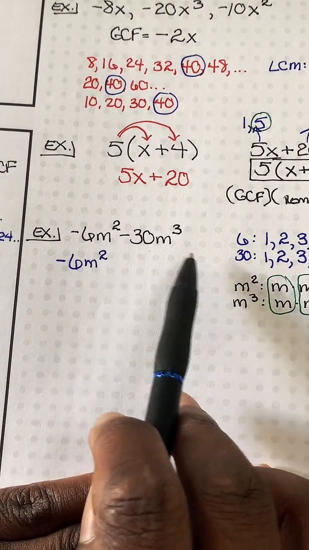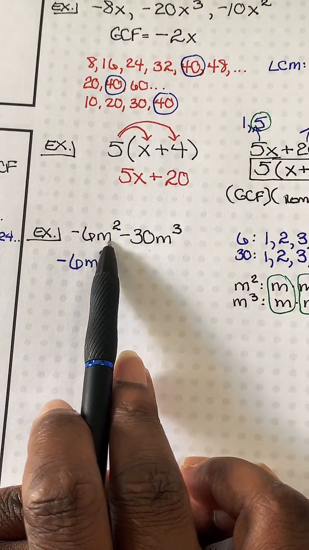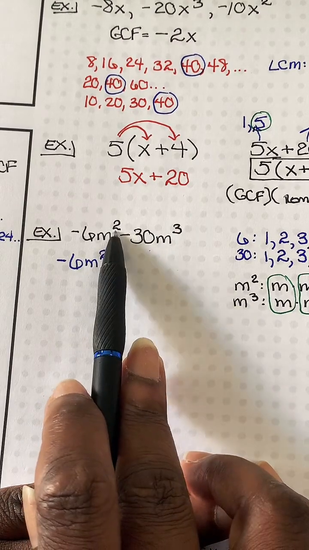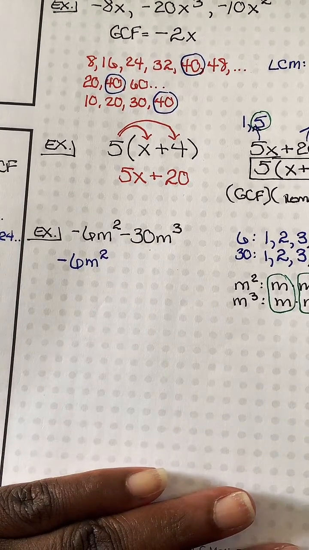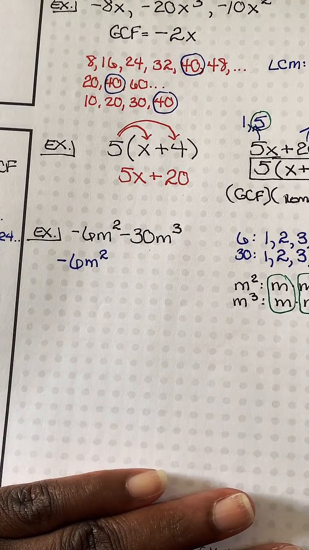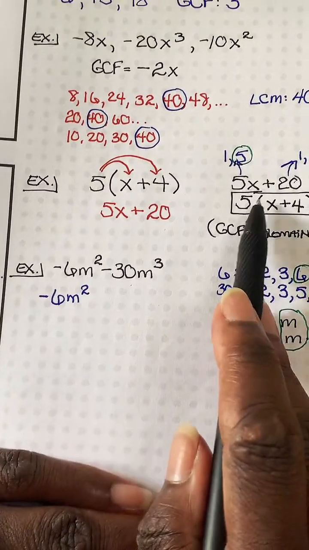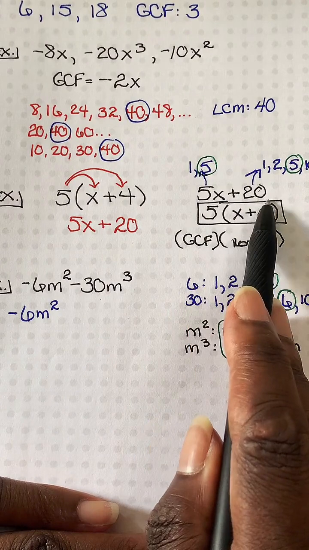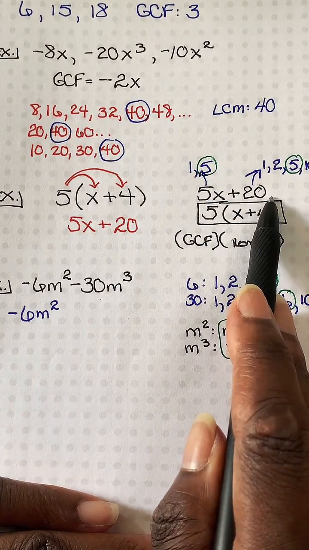So as you get used to it, always pick, if they both have the same variable, always pick the one with the lowest exponent. That would be your answer each and every time when it comes to GCFs. Okay? We didn't have, for this example up here with the 5x plus 20, 20 didn't have an x.